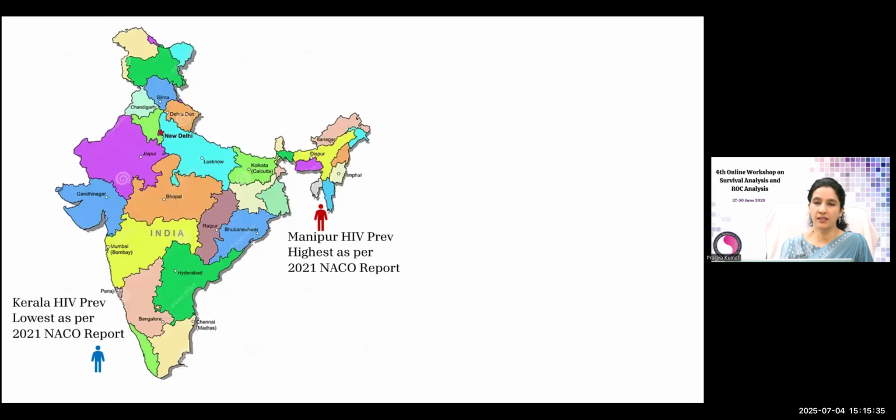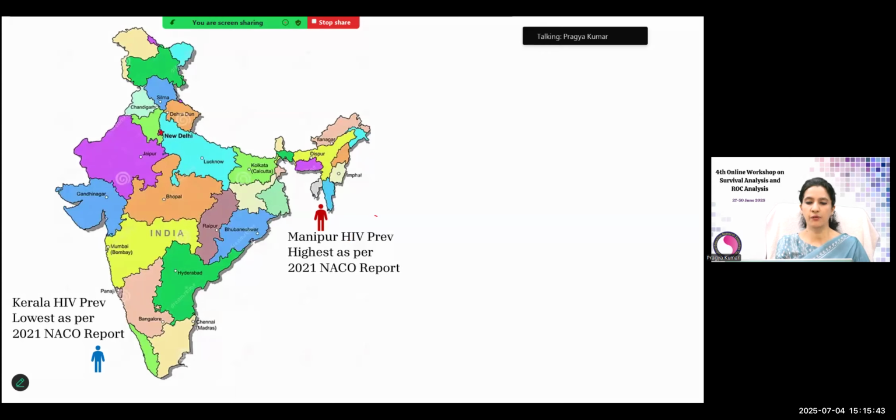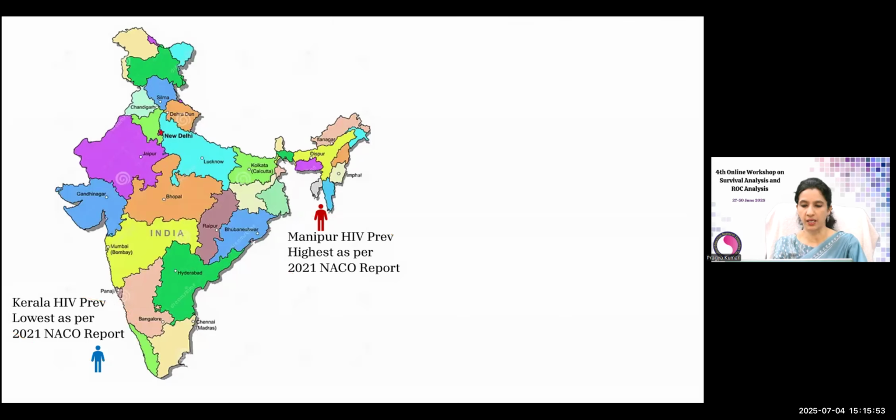To show an example, suppose there are two people. One person is a resident of Manipur, where the prevalence of HIV is highest as per the NACO report. Another person is in Kerala, where the prevalence of HIV is lowest as per the NACO report.